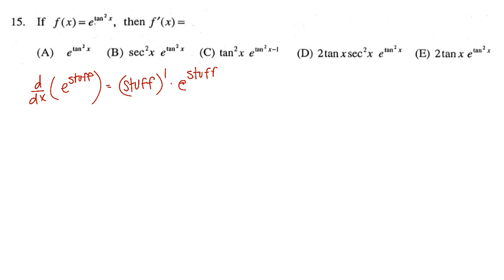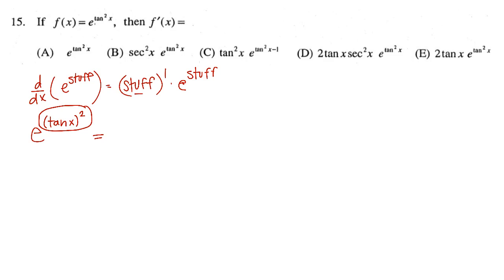So if we want to do the derivative of e to the tangent squared x, oh my, well, let's see, we have to think about this as really e to the tangent x all squared. That way we make sure we address this derivative correctly, which is going to be chain rule.